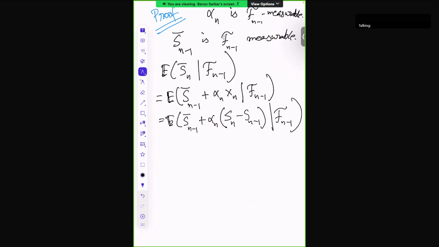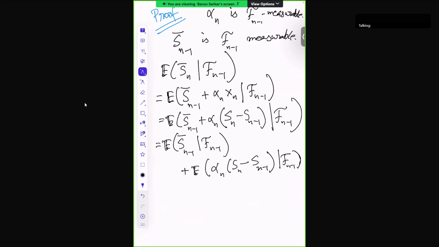So now we can use the linearity of conditional expectation, right? So this is the expectation of S n minus one bar given F n minus one, plus the expectation of alpha n times Sn minus S n minus one given F n minus one, right?